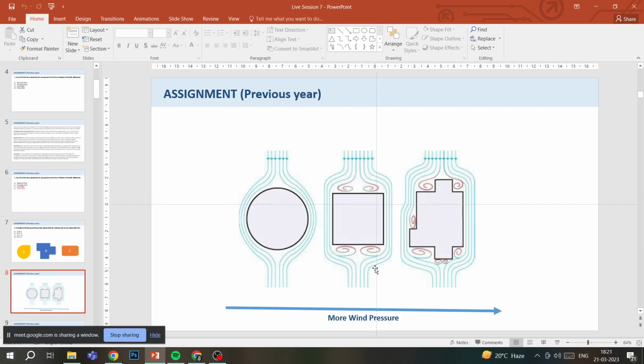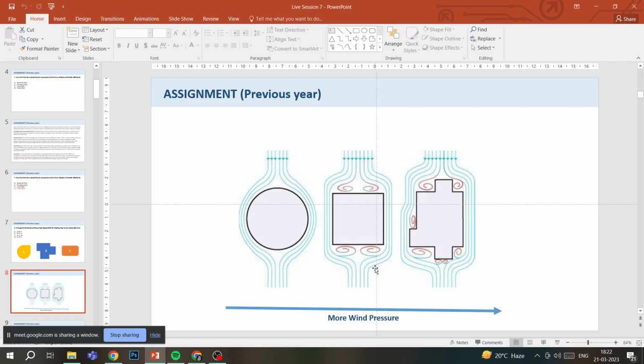For example, imagine this is like an elevation. So one surface is here, one surface is here, and the other surface is more behind. So wind will come, and when it comes in front of all these faces, it forms different eddies in different points. Because of the formation of these eddy currents, more pressure is happening.